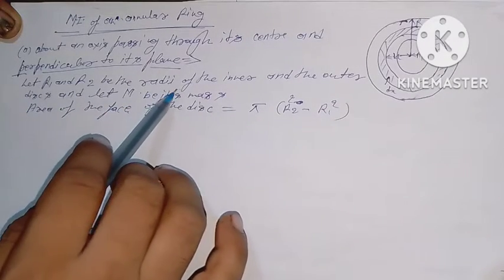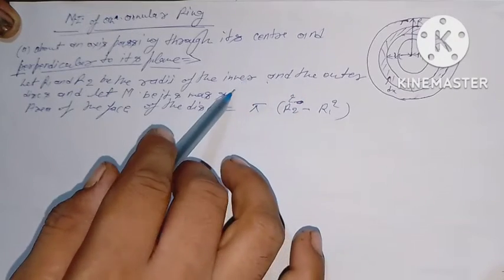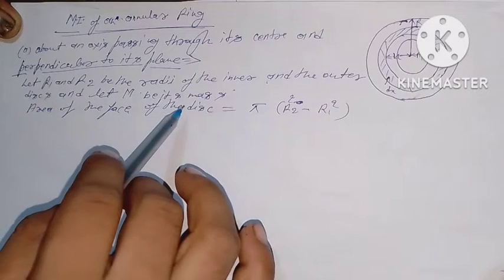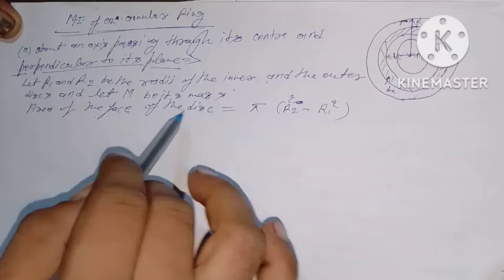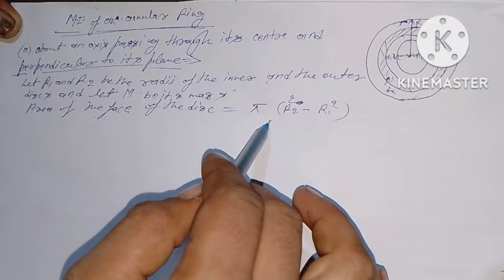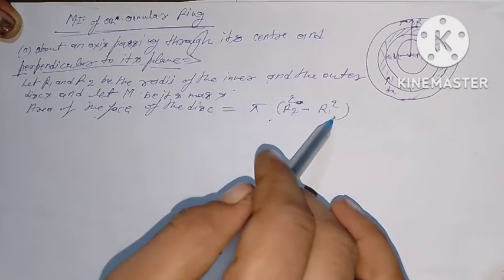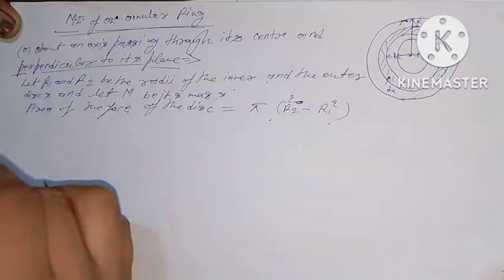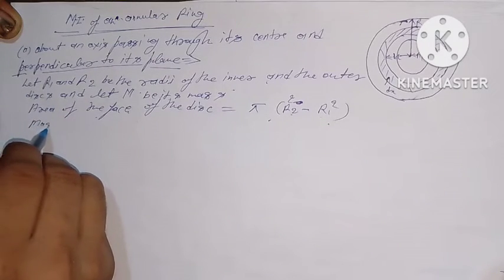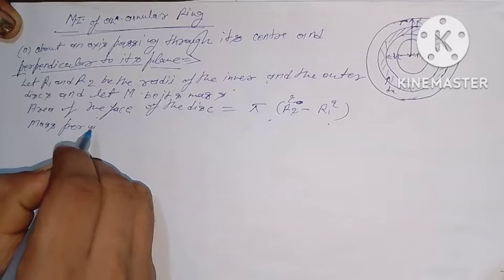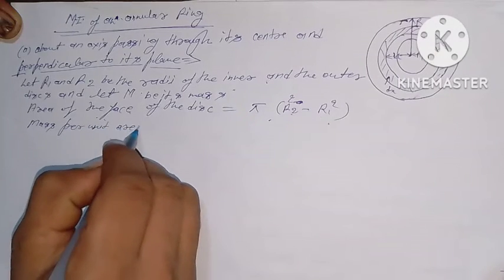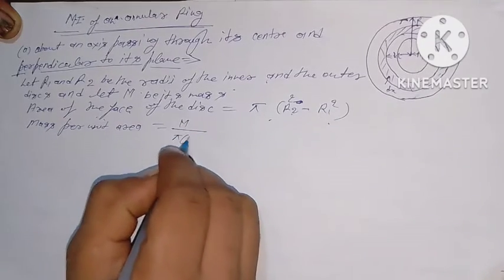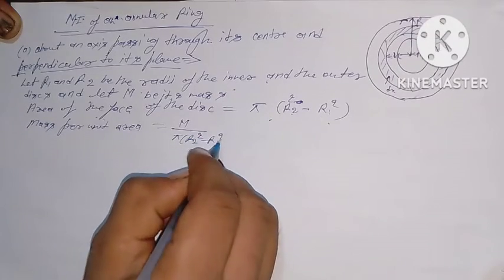R1 is the inner radius and R2 is the outer radius of the disc, and M is its mass. Mass per unit area is capital M whole upon pi (R2 square minus R1 square).